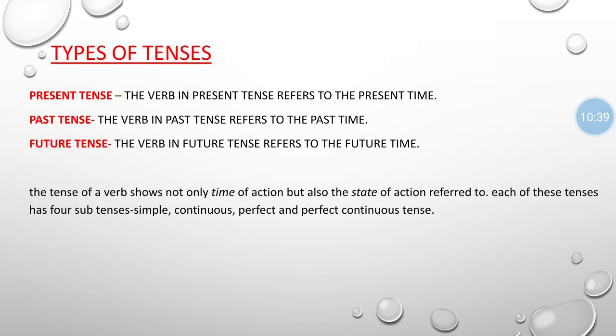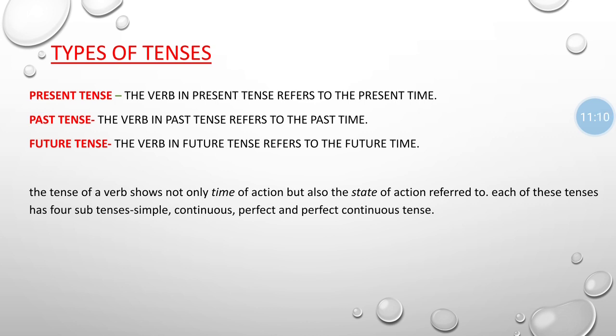As per the aspect and the state of that particular verb, all these tenses are divided into 4 subtypes: simple, continuous, perfect and perfect continuous. As the verb indicates the present time, past time and future time, its aspect or manner also indicates that the action is completing in a simple way, continuous way, perfectly or perfect continuously.